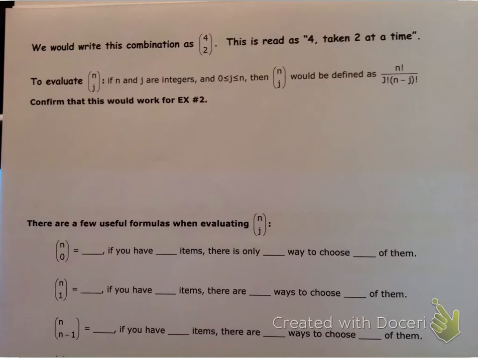Okay, now what we have just done is we've had 4 things and we chose 2. So you could read it as 4, taken 2 at a time. The shorter way is just to say 4, choose 2. And the formula for that requires that you remember that factorial symbol from a couple of our homework problems earlier.